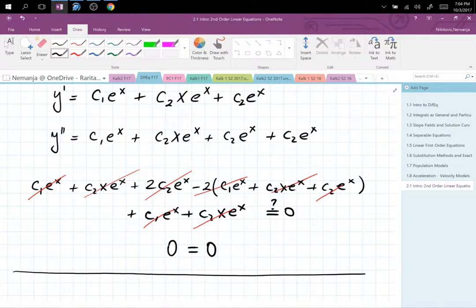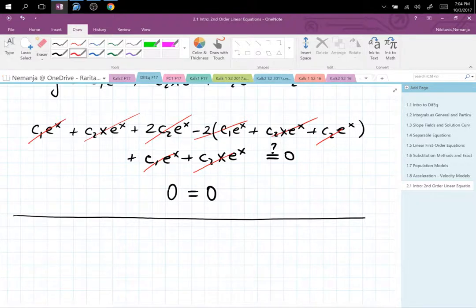So we understand the concept of checking by plugging the values in. Right? Good. The next concept is a definition, the concept of linear independence of two functions.